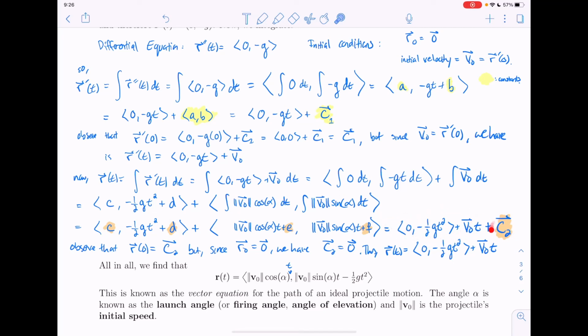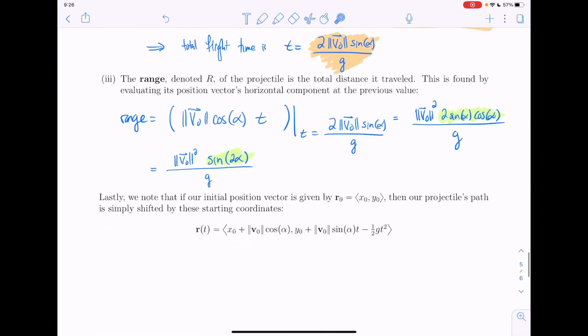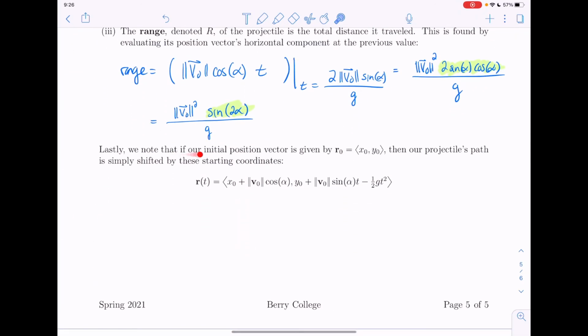And when we add in a new xy vector, all it's going to do is add to the respective components. So what that means is we can say that if our initial position is given by some other vector, like x0, y0, meaning, for example, that we're starting up here, say, at x0, y0, then we fire our object.